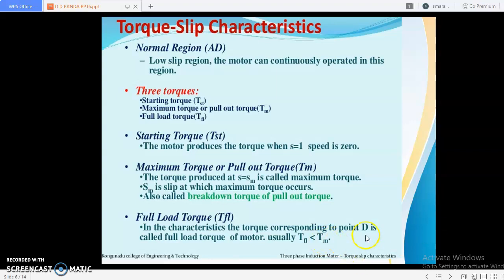We can also conclude that the induction motor operating at full load torque is in the stable region, or the motor should run with T full load less than Tm for its smooth and effective operation.